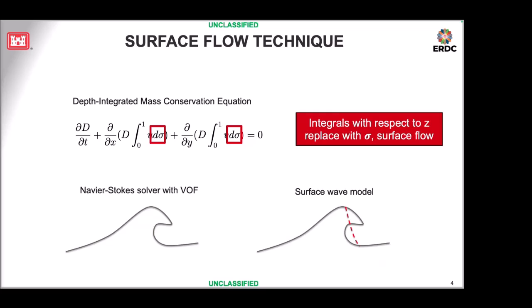What the surface wave formulation does is simplify and linearize this overturning wave. One key reason why we go with this approach as opposed to a volume of fluid method is that this method is still an order of magnitude faster than the volume of fluid method.